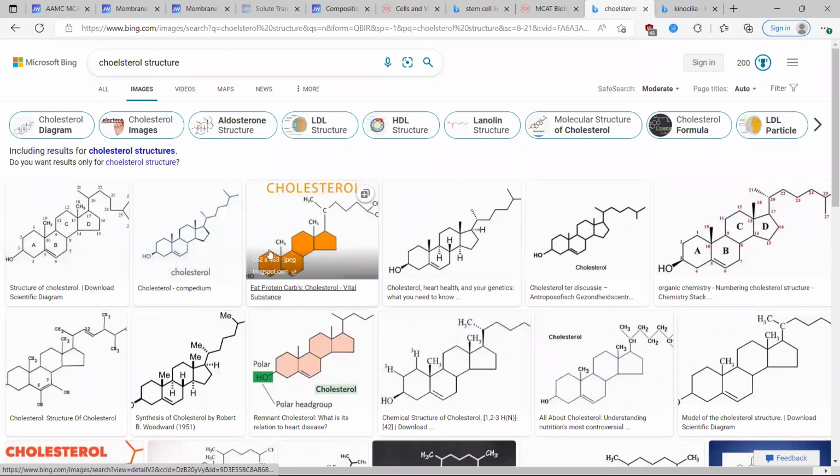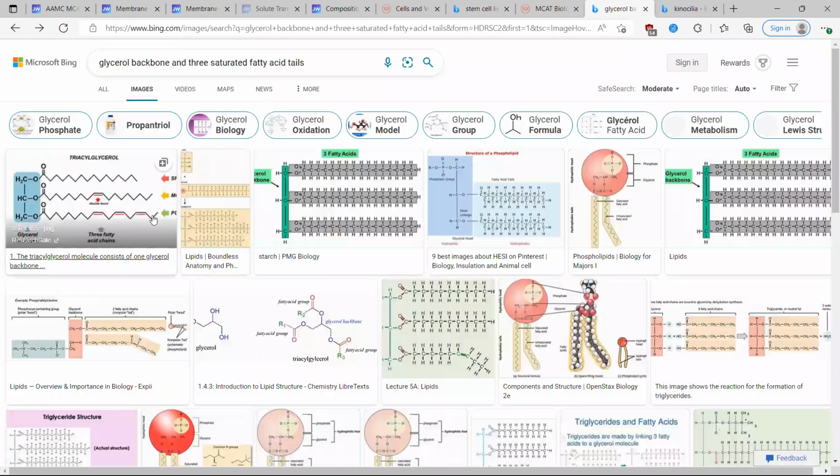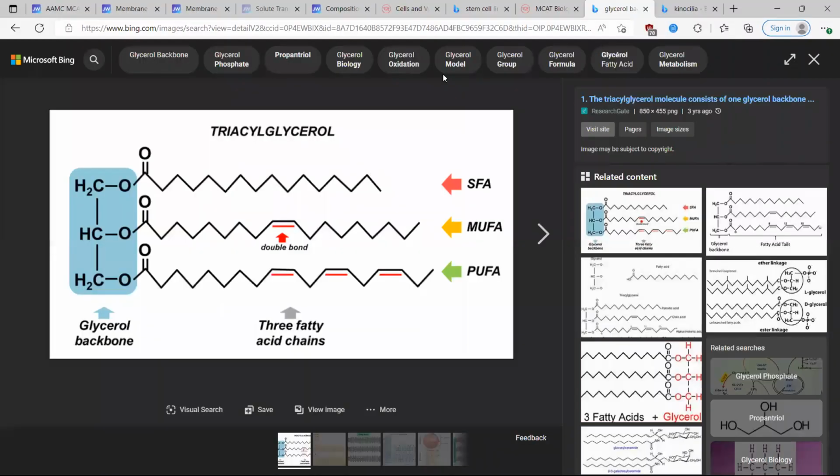So cholesterol has these 4 rings, and again, we talk about structure and function, right? Structure and function, structure and function. The structure of triglycerols is set up this way because when we metabolize it, we break down these carbons bit by bit. So we break them down 2 carbons at a time. Break, break, break, break, break.